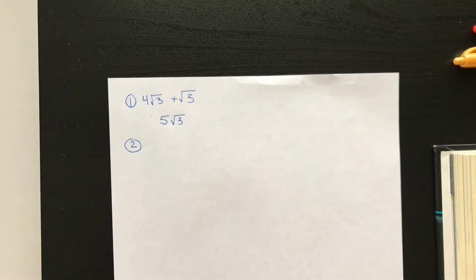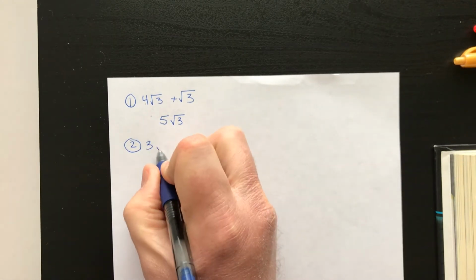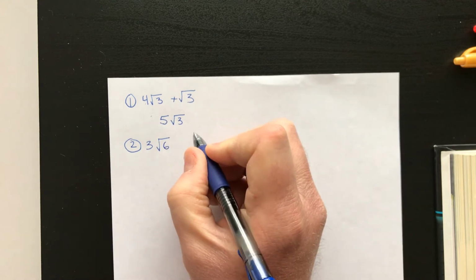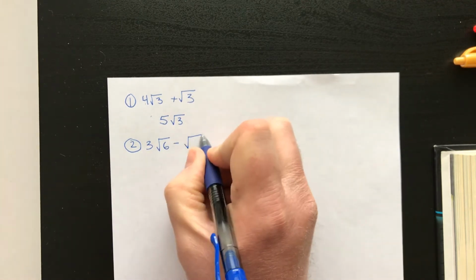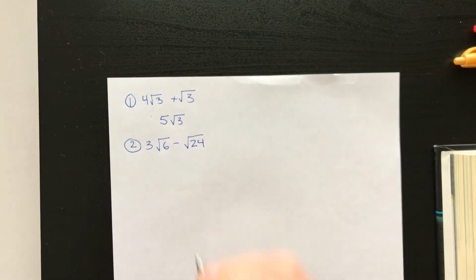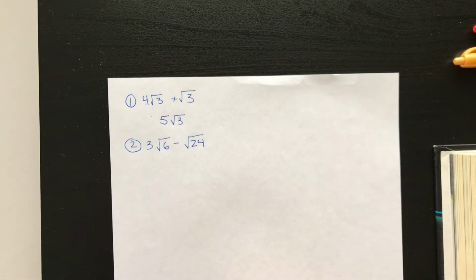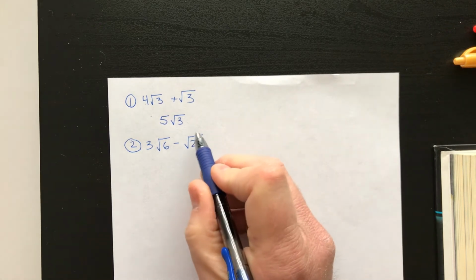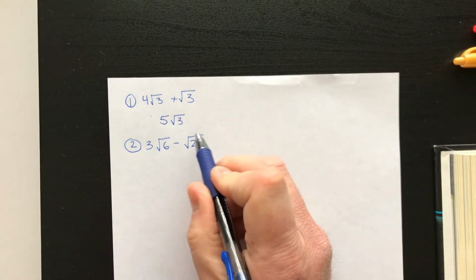Number 2, we have 3 root 6 minus root 24. Well, these are not like terms, but we can get it to a like term by simplifying this radical.